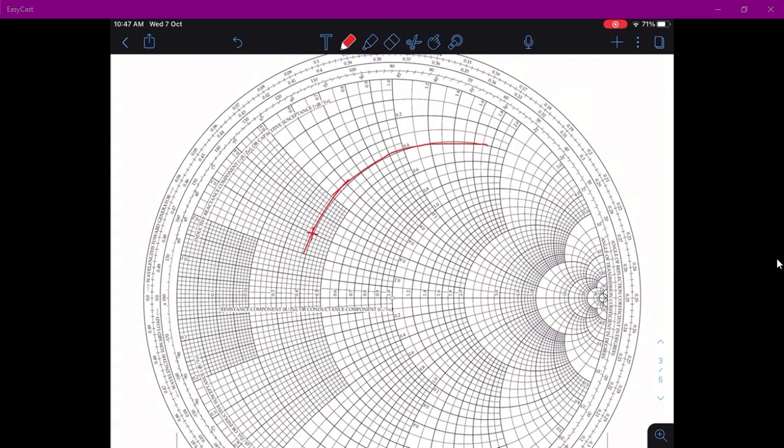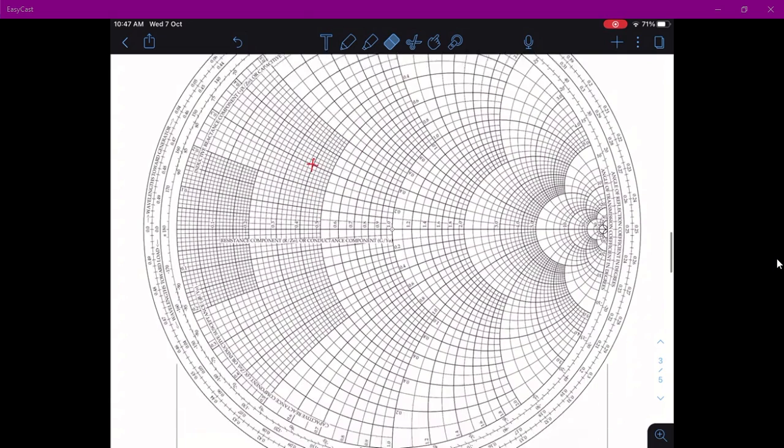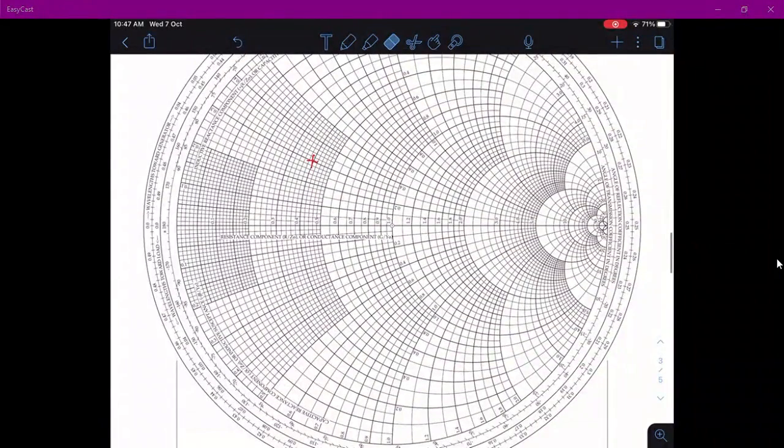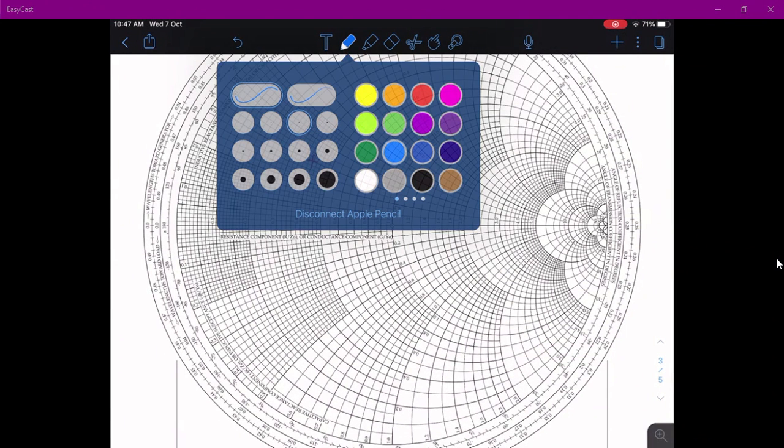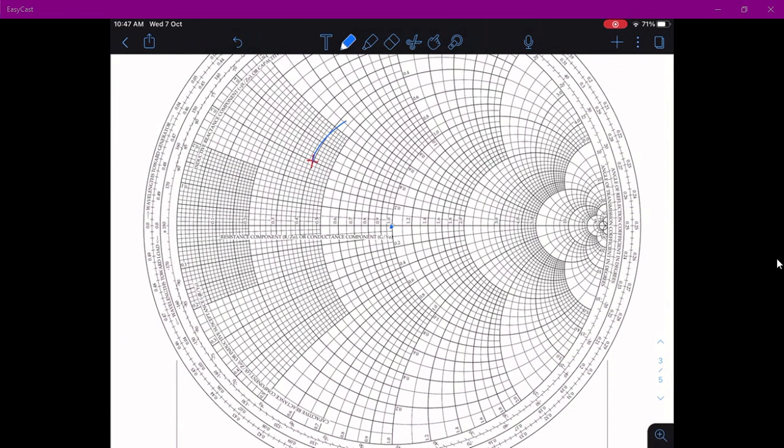Okay. So, I need to draw a circle, center here at origin. So, let me try to draw this freehand.